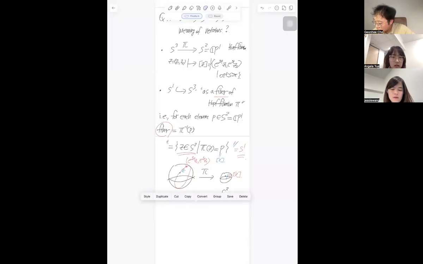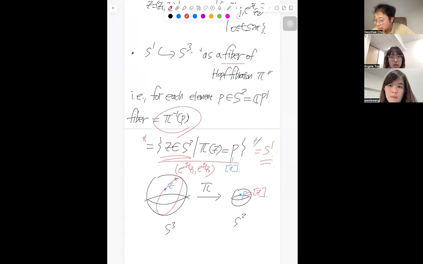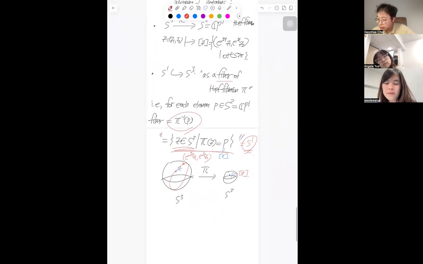So what I'm saying is the fiber is defined in terms of this set, this is the definition, but it can be identified as S1. This means the following.